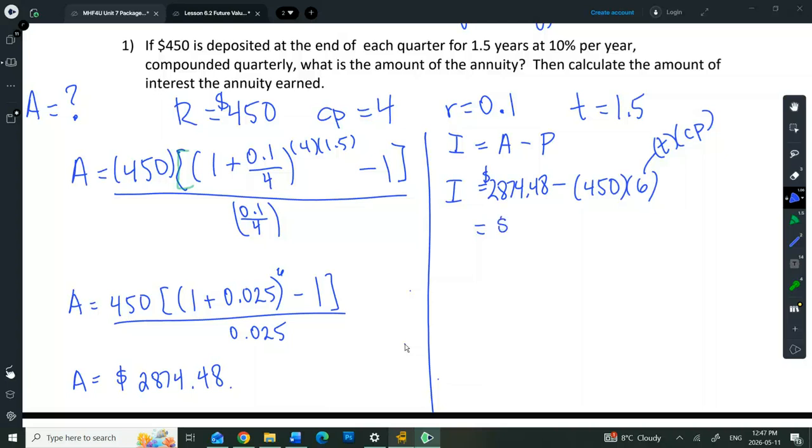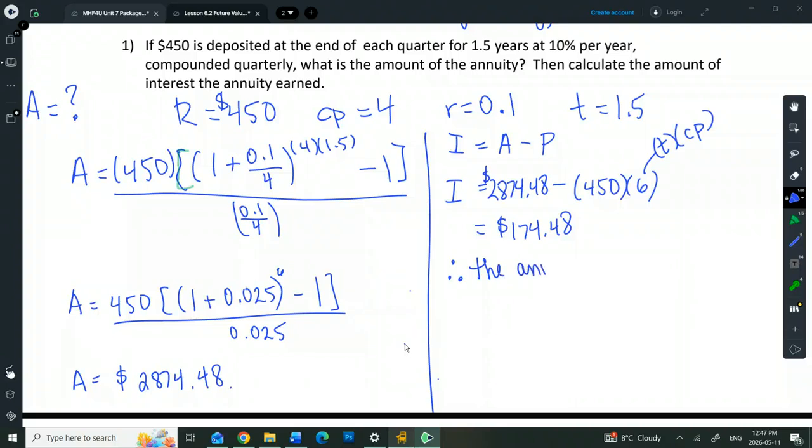Perfect. So $174.48. Okay, so therefore, remember we need a therefore sentence for everything.